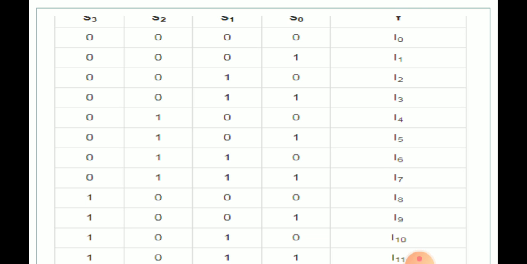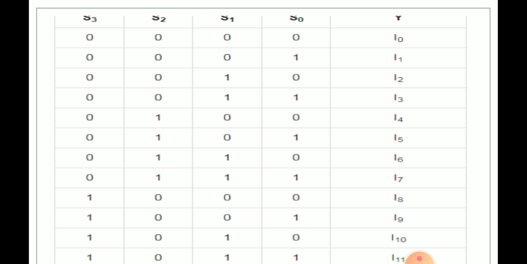And third, S2, S3 and S0 are 0, and the value of S1 will be 1. In that case, the third input, I2, will be routed to Y. Then S0, S1 will be 1 and S2, S3 will be 0. In that case, I3 will be the output.